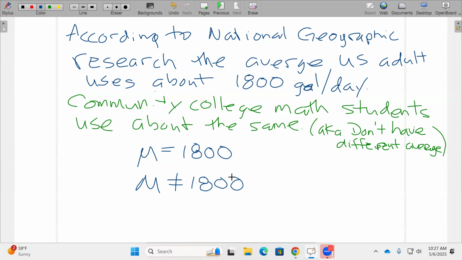Which is which? The null hypothesis, the first one or the second one? The first one, yes. So the null hypothesis has to have an equal. It's either going to be an equal to, a greater than or equal to, or a less than or equal to. The alternative is either going to be a not equal to, a less than, or a greater than. So in this case, I would label the first one as H with a 0 for null, and then we put a colon in between.